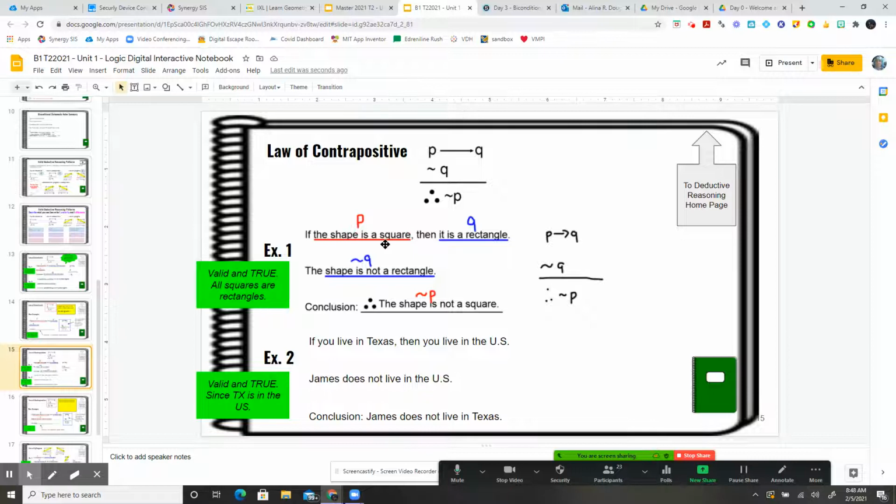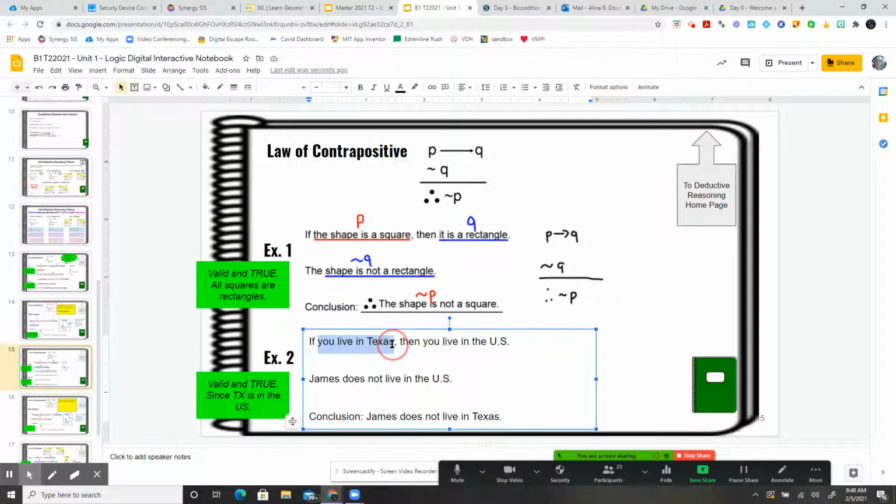So a shape is a square, then it's a rectangle. The shape is not a rectangle. We've taken the Q and made it not. And then we take the shape is not a square. We take the P and negate it. So if you live in Texas is the hypothesis. Then you live in the United States is the conclusion.